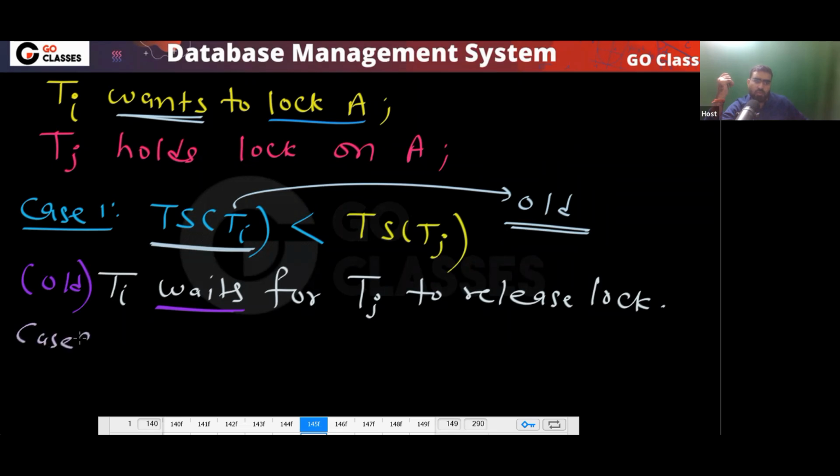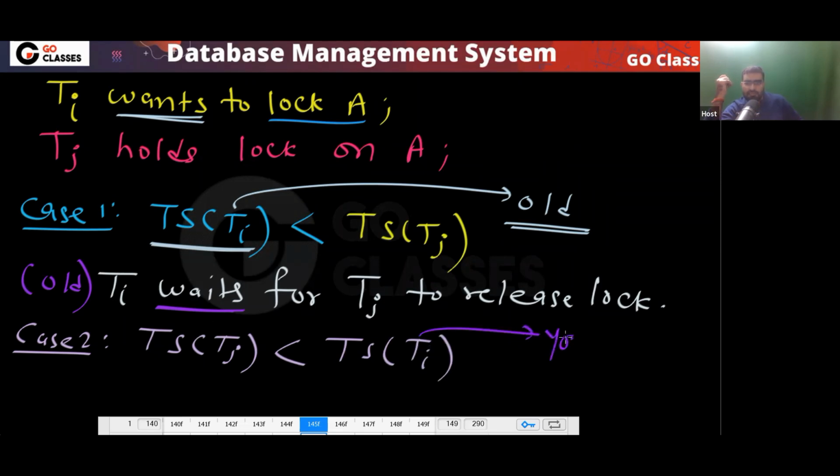What is case two? Ti is younger. Are you getting my point? Tj is holding the lock, but Ti is younger. Then what will happen to Ti?